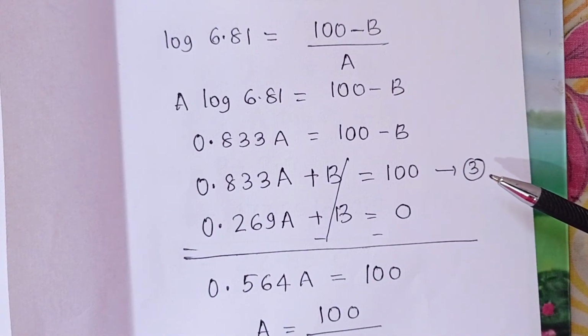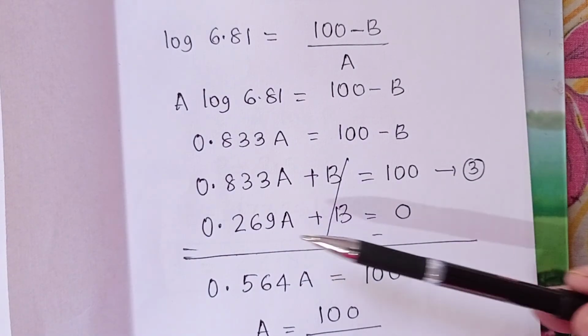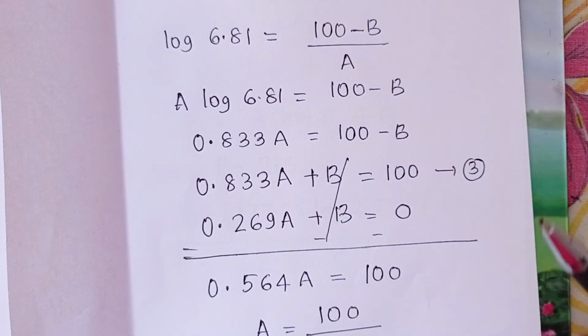So I have two equations, two unknowns, A and B. Solve these two simultaneous equations.